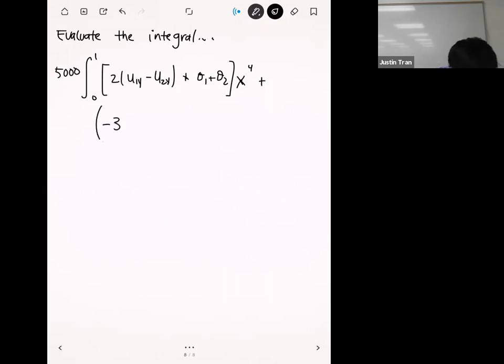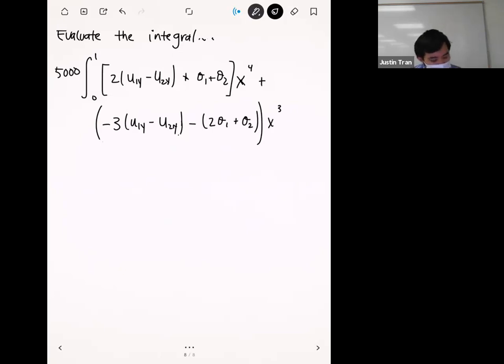Then we have a minus 3 over L squared, but since L is equal to 1, we just have minus 3 times U1y minus U2y, minus 2 theta 1 plus theta 2. Again, I had a 1 over L term in front of that, but 1 over 1 is just 1. Then we're going to have an x cubed in front of that term.